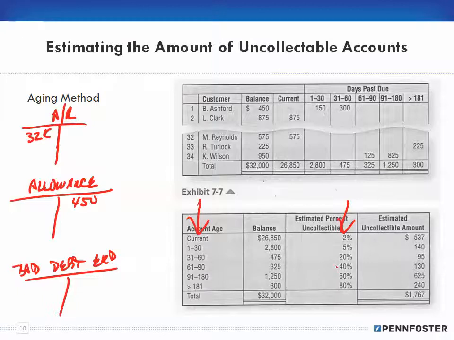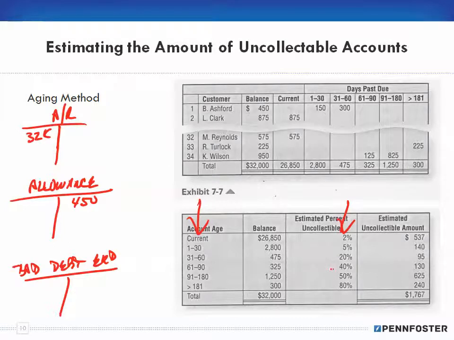I mean, if your accounting period is, let's just say, a month long, you don't need to do that at the end of every accounting period, especially if your business is kind of stable and doesn't vary that much. But I would find these percentages and use them throughout the year.